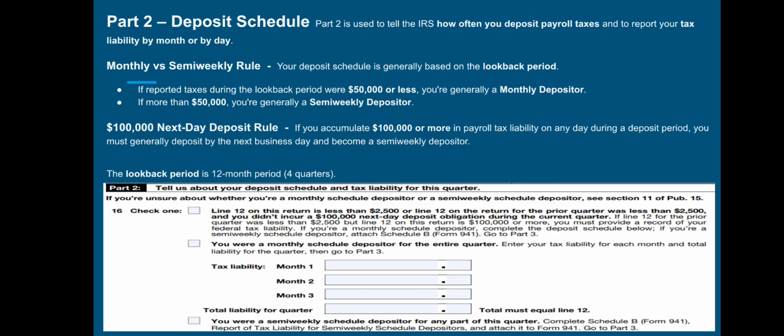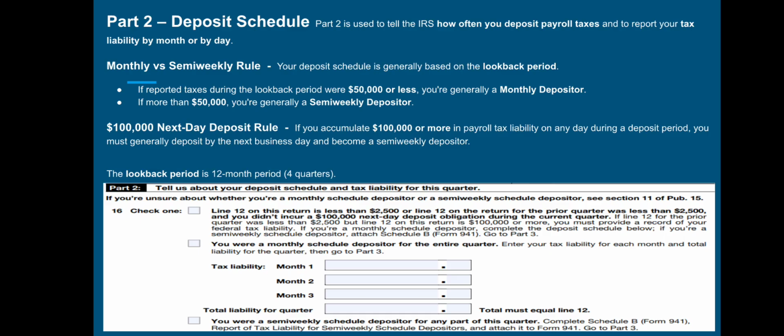You are falling in the monthly depositor category. But if you have paid more than $50,000 in the last 4 quarters in the look back period, you are generally a semi-weekly depositor, or whenever you are processing your payroll, you have to pay the 941 at that time, instead of waiting to pay the 941 payment at month end.